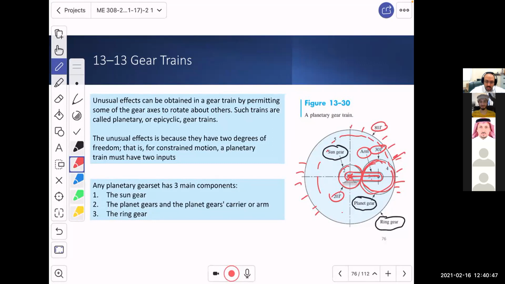It's maybe not easy to visualize, but you can have all sorts of motion. You can fix one and the other rotates. And by doing so, you can get different reductions. All you need to do, and we will see it in the video, is engage different elements. You fix this, you rotate the other. That's how you get the ratio, the reductions that you want.